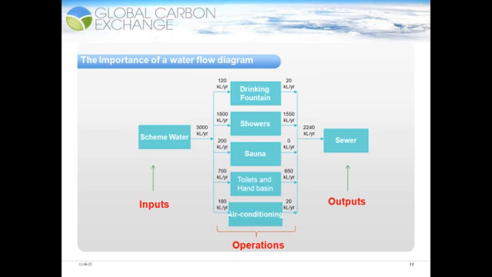Then, as you can see, leaving the operations, we've also quantified how much water leaves the operations and at the end of the day ends up back in the output, which in this instance, again, is the sewer. Now, it's not always going to be a 100% one-to-one relationship in terms of what goes into the operation and leaves the operation. If you have a look at the drinking fountain, for instance, 122 kiloliters per year enter the drinking fountain, yet only 20 kiloliters per year go back into the sewer.